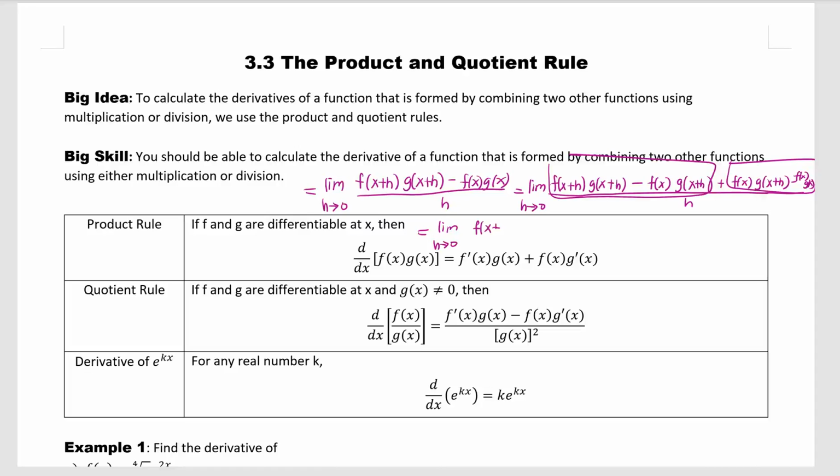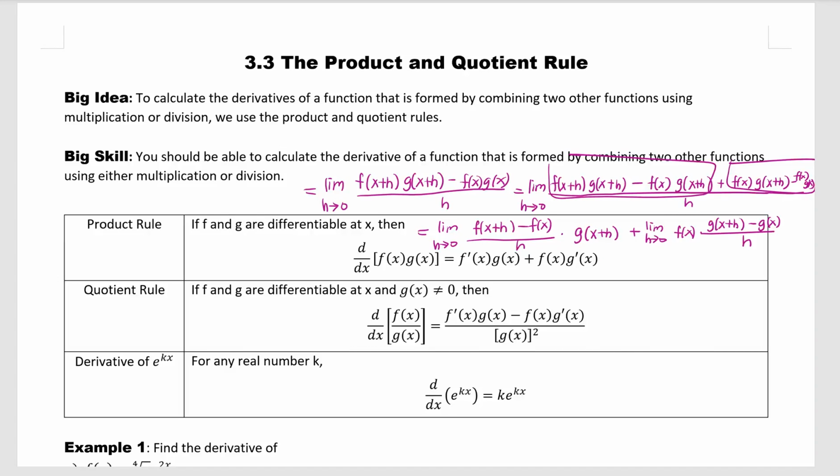Then I have f of x plus h minus f of x over h, times g of x plus h, right? We factor out g of x plus h. And for the second one, f of x is the common factor, so we can factor that out. Then we have g of x plus h minus g of x over h.